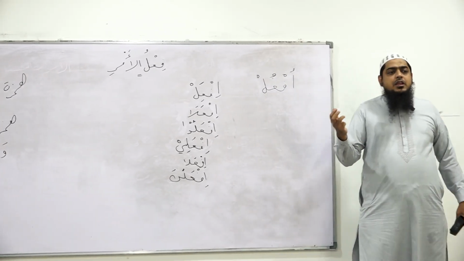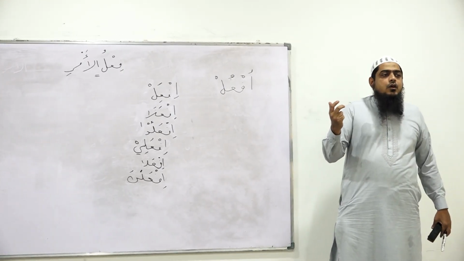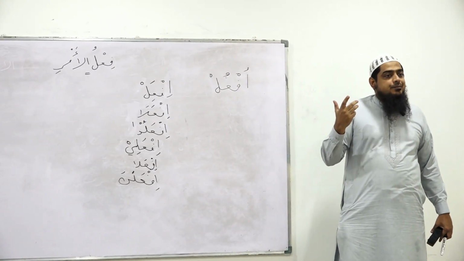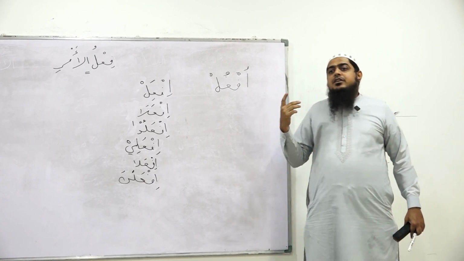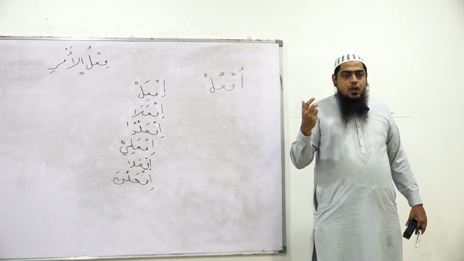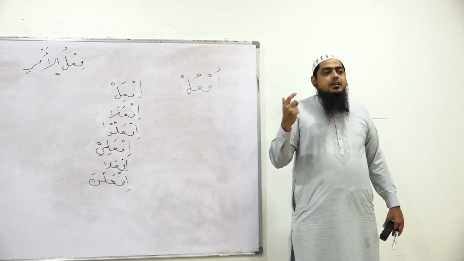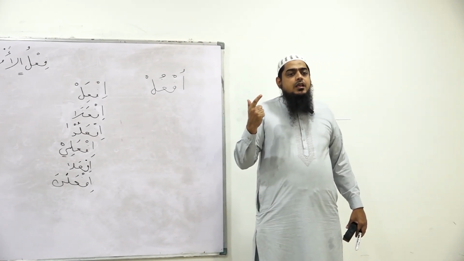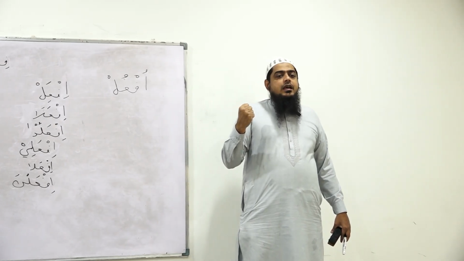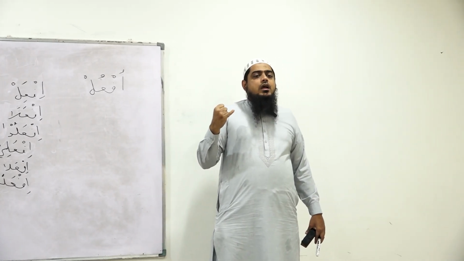Now we have seen al-madi, al-mudari' and fi'l amr. And then we have seen al-abwab al-sitta. What are they? Fa'ala yaf'alu, fa'ala yaf'ilu, fa'ala yaf'ulu, fa'ila yaf'alu, fa'ila yaf'ilu, fa'ula yaf'ulu.